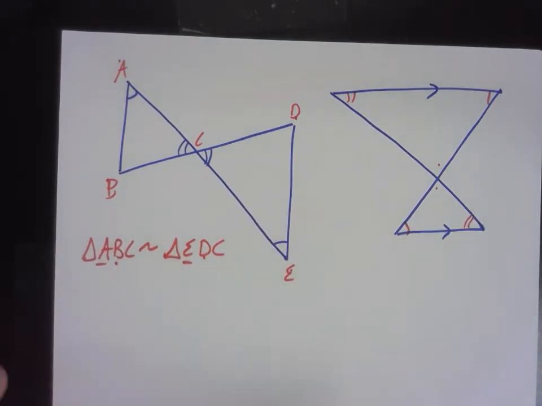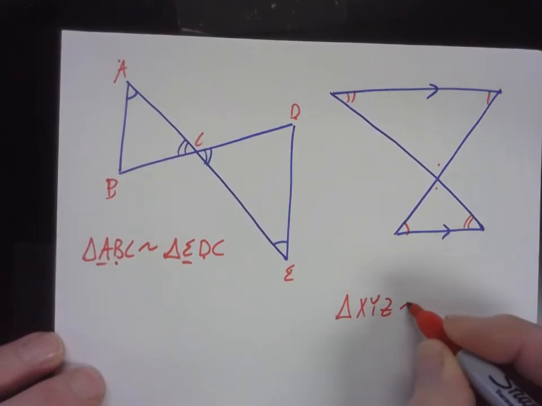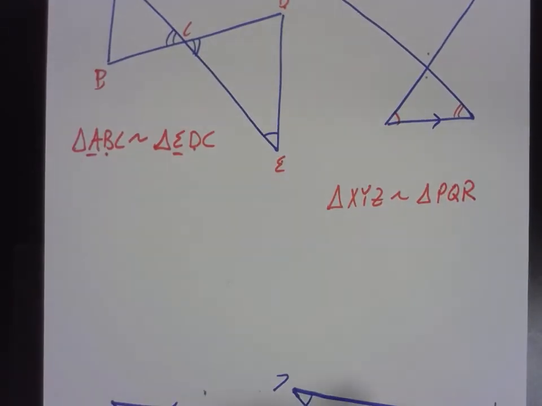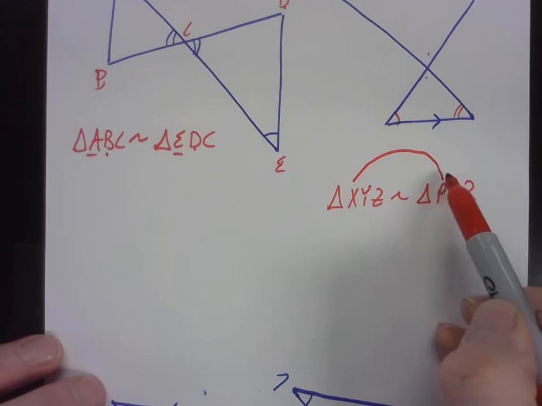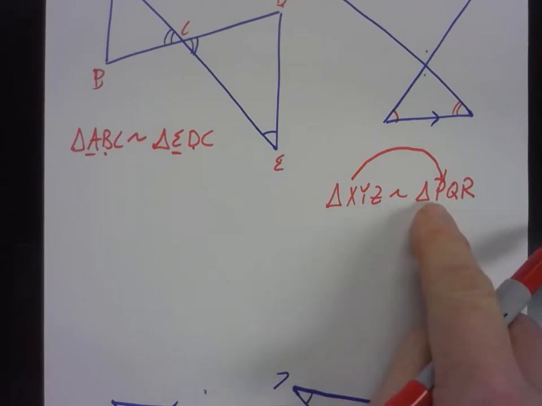Now, if I just give you, say, triangle XYZ is similar to triangle PQR, I'm giving you a lot in that statement. I'm telling you those two angles. Mason, what do you know about angle X and angle P? They're congruent.